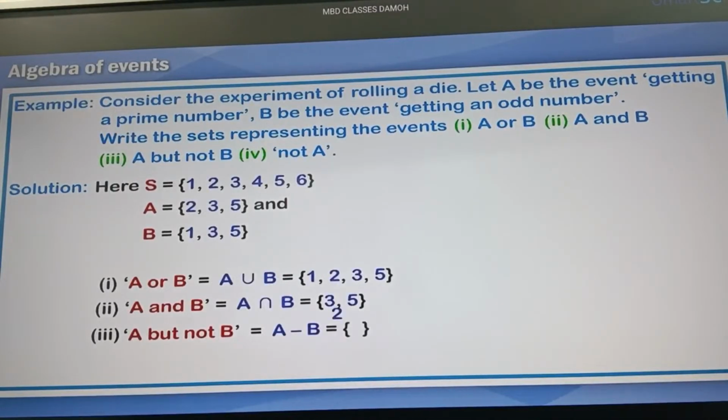If from the elements of A, we remove the elements of B, we have A minus B is equal to {2}. For not A, that is A complement, is equal to {1, 4, 6}, as A complement is all those elements in the sample space which are not there in A.